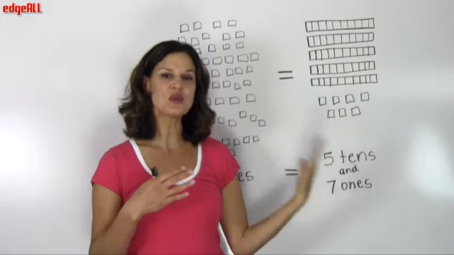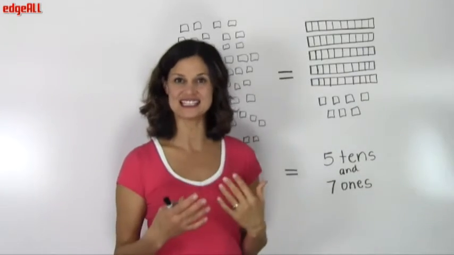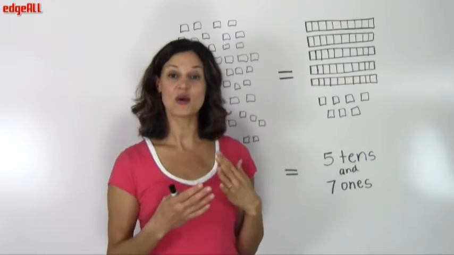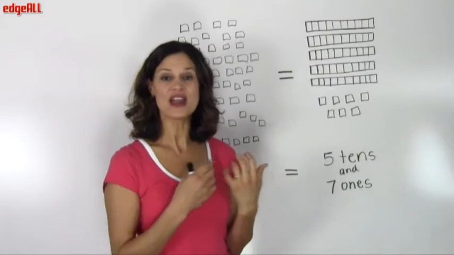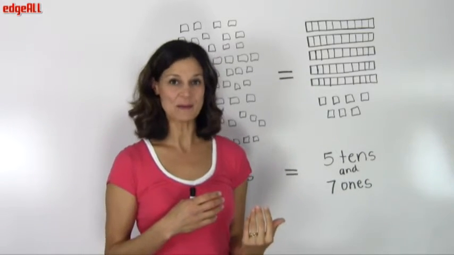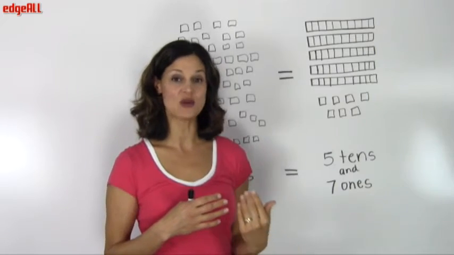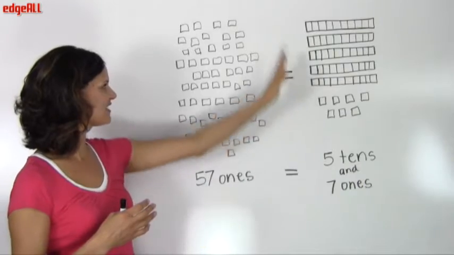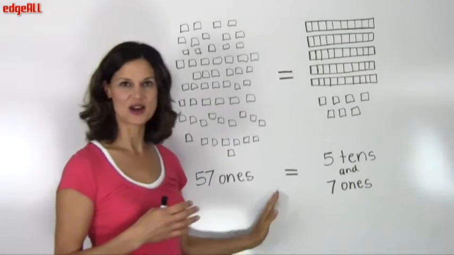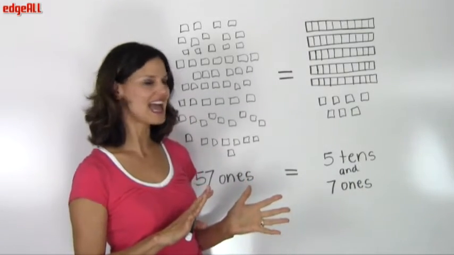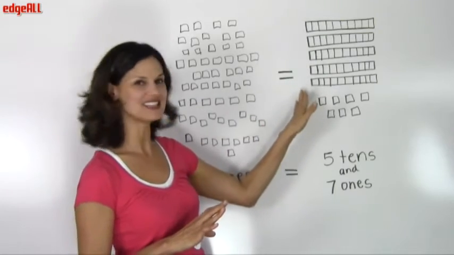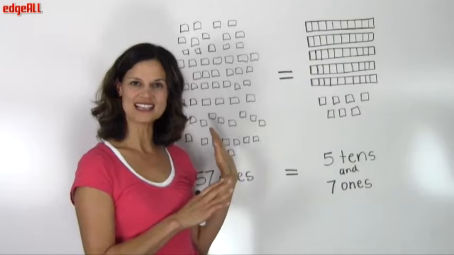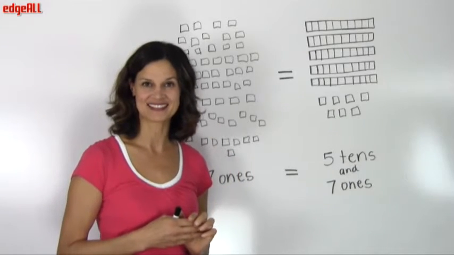They are just two ways of writing 57, in this case using pictures. So in this example, we are regrouping a number using tens and ones. We've regrouped 57 individual squares, or 57 ones, as 5 tens and 7 ones. This is one example of regrouping.